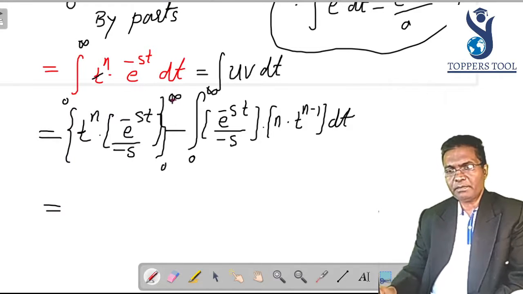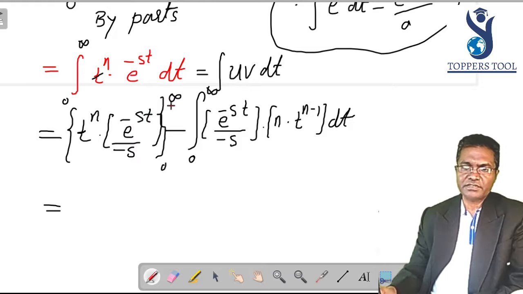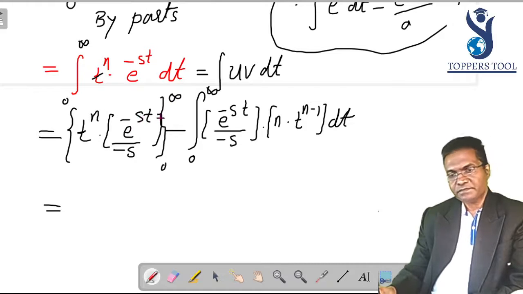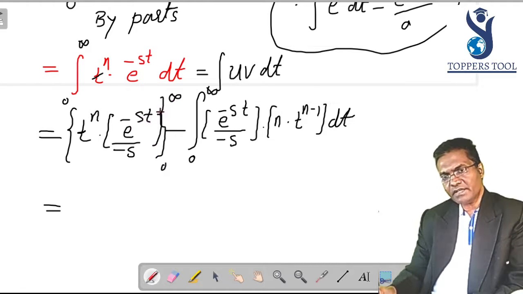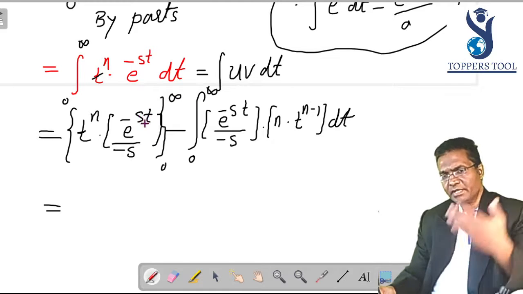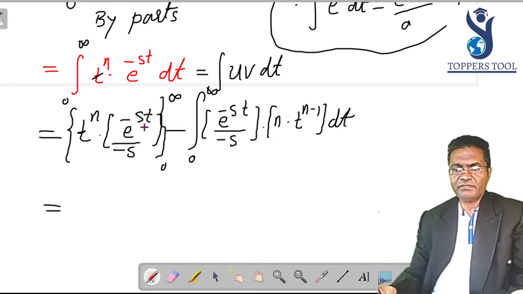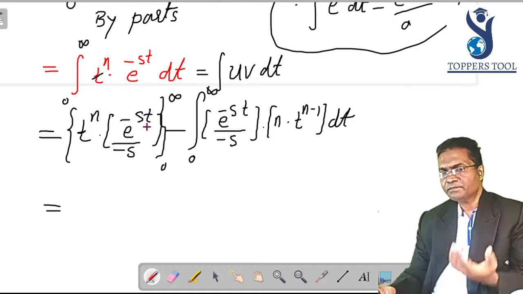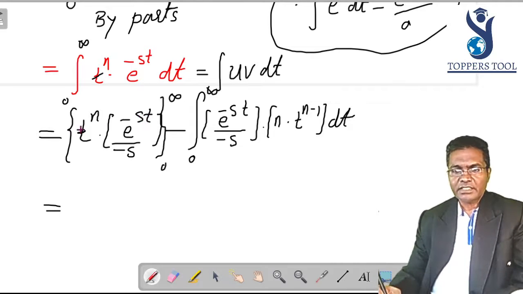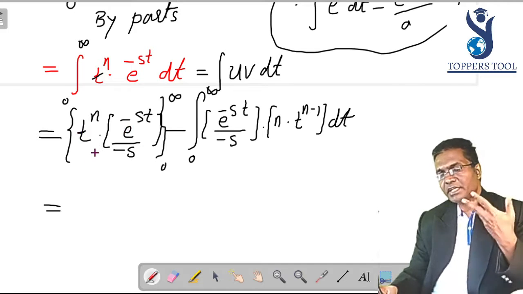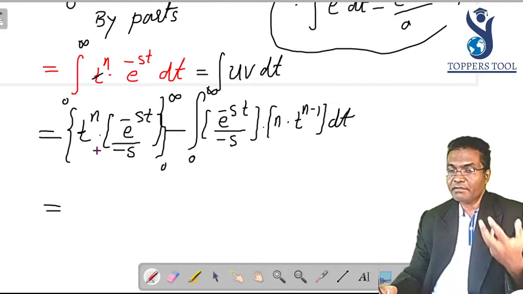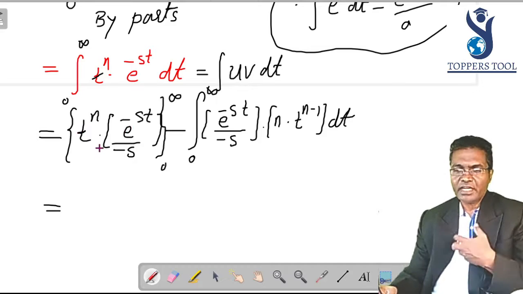Now if you put the upper limit, t as infinity, it becomes e power minus infinity. E power minus infinity means 1 by e power infinity, so the numerator t power n is infinity and its denominator is also infinity. It takes the form infinity by infinity, and if you evaluate by L'Hospital's rule, it becomes 0.